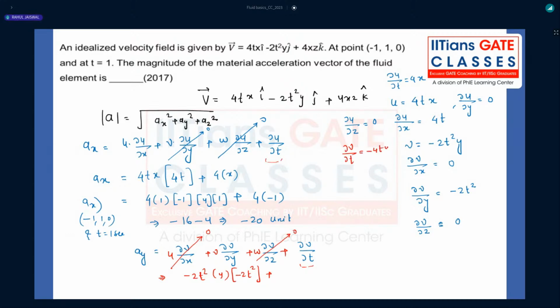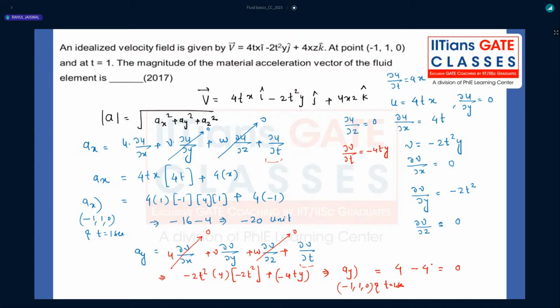Minus 4t into y. So now if you write ay at the particular location minus 1, 1, 0, and at time t equal to 1 once again, what can we write? Y will be 1, then it will be 4 minus 4, y is 1, t is 1. So that is 0.